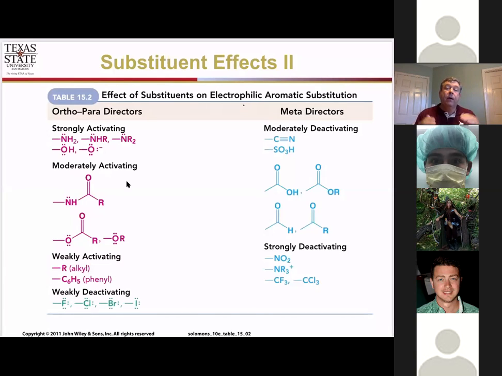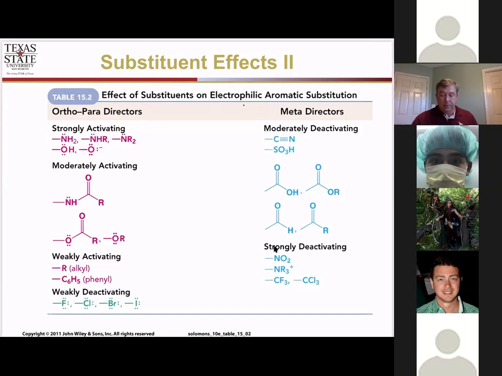Now, the halogens and the alkyl groups are weakly activating because they can stabilize that a little bit, but there's not a very strong inductive effect because that's a non-polar carbon-carbon bond. The halogens deactivate slightly because of the inductive effect, but because of the conjugative effect of those lone pairs, they can direct ortho-para. And all of these meta-directors are what we're going to talk about today, and why they meta-direct and why they're deactivators.